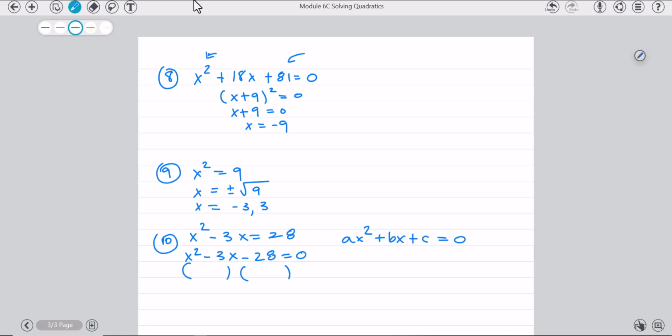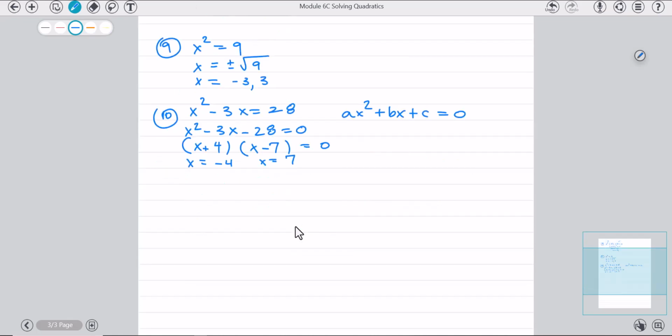Now here I am going to factor. x squared is x times x. 28, I think of 4 times 7, and 7 minus 4 would give me 3. The 3 is negative, so that needs to go on the larger value. So x equals -4 and x equals 7. So once again, I'm setting those factors both equal to 0.